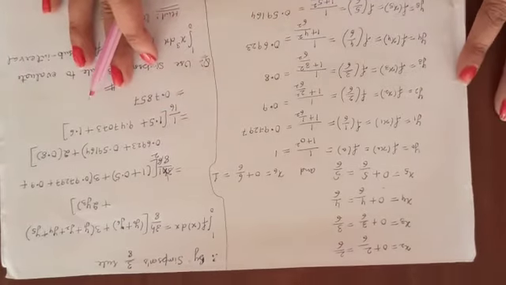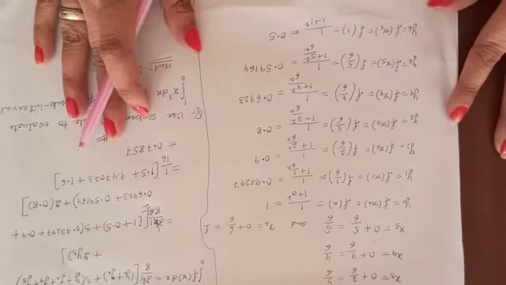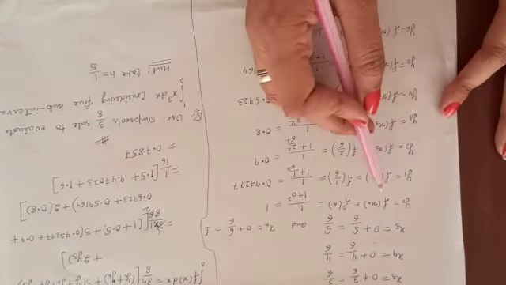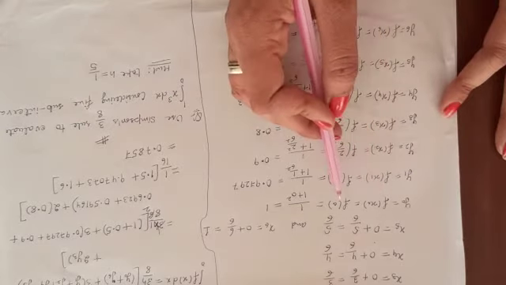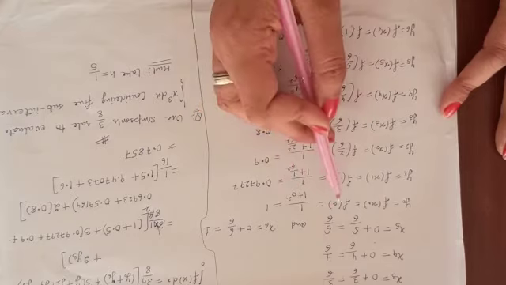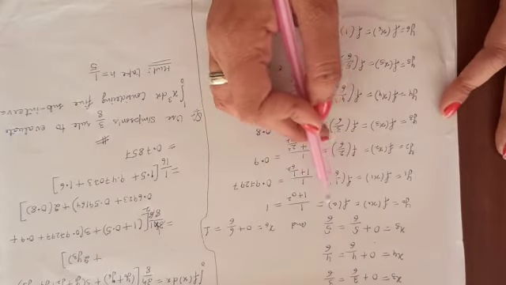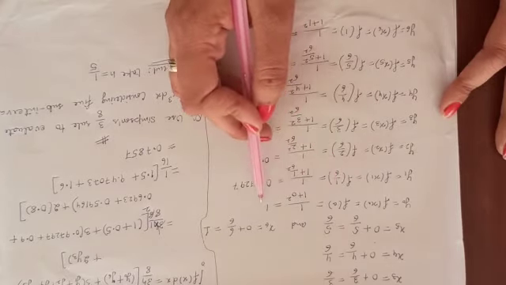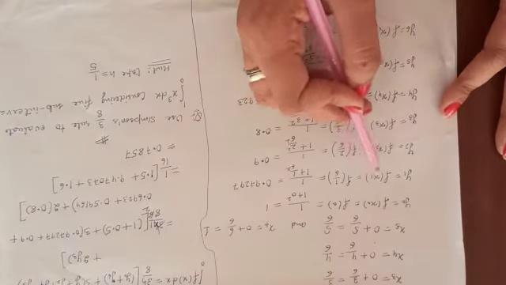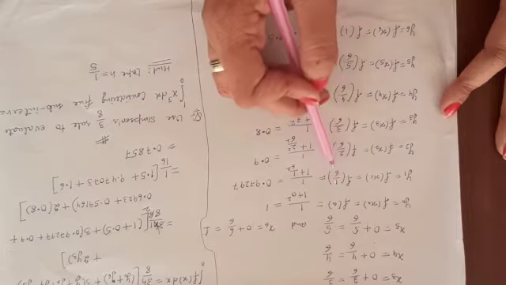Now we have to calculate the values of y naught, y1, and so on. So y naught is f of x naught. Let us put the value in the given function, which is 1 upon 1 plus x square. Your x naught is 0, so y naught will be 1 by 1, which equals 1. Then y1 is the value of f of x at x equal to 1 by 6.